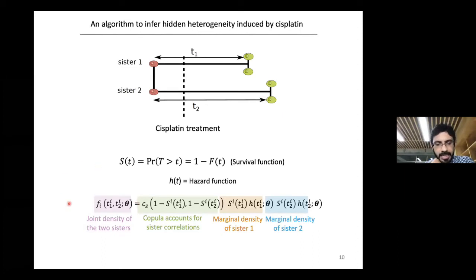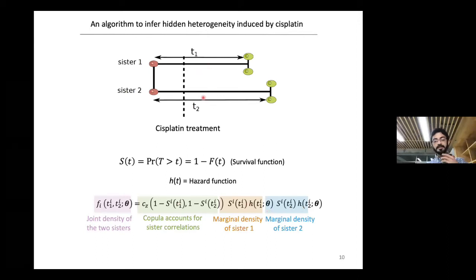And what I did is I wrote down a joint density for these two sisters. This joint density depends on a set of parameters, theta, which describe the distribution of the hazard functions. This joint density can be written down, using a very interesting theorem called Sklar's theorem, as a product of a particular function called a copula and the marginal densities of these two sisters, so this accounts for sister correlations.